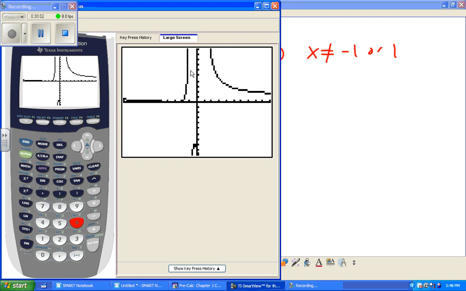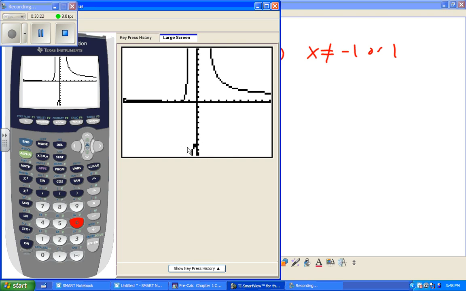And then I'd also be looking at a vertical asymptote here at x equals -1 and a vertical asymptote at x equals +1, because that's what I expected. That's because that's where I cannot plug in those x values.